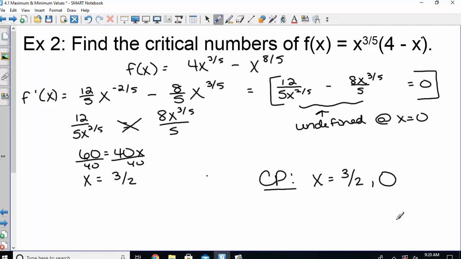Your critical numbers are where the derivative is 0 or undefined. So that's all we had to do there. Questions there?